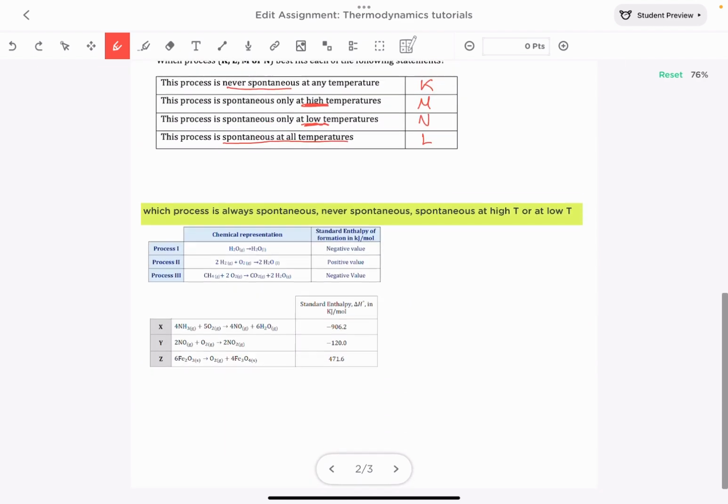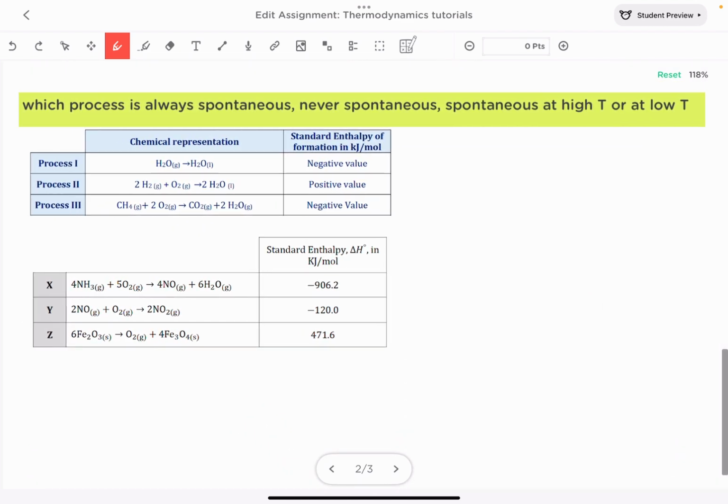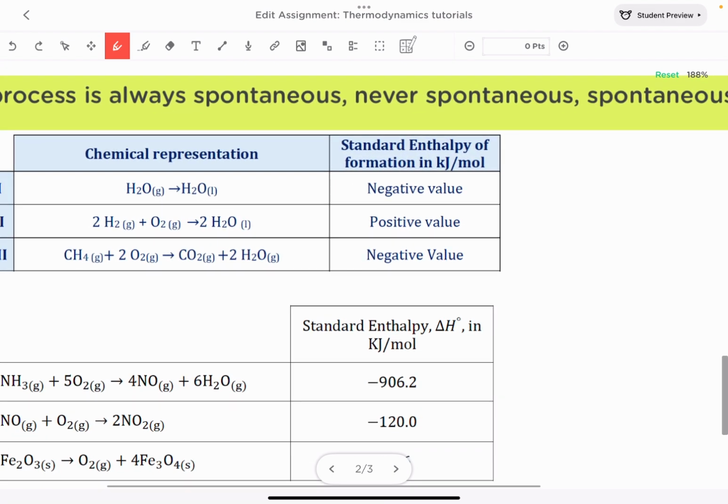Let's look at more questions. Here are some examples. The question is giving me already the enthalpy, the delta H. So let me just put a table and examine delta H and delta S. Gas to liquid, energy is released. It's an exothermic process. And also it's saying here negative enthalpy.